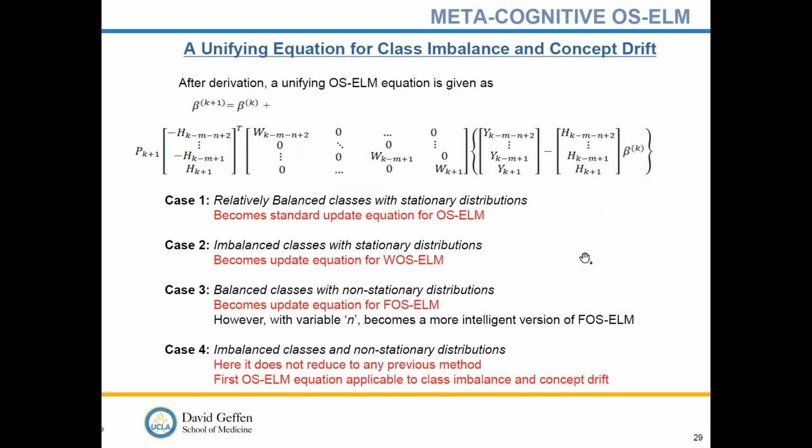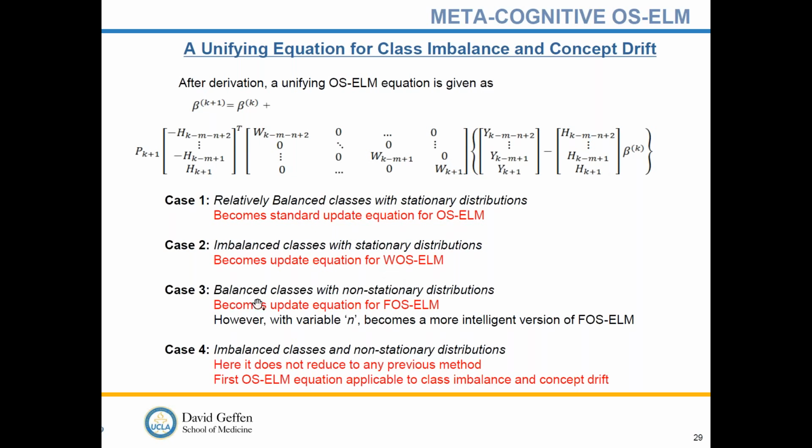We also came up with a unifying equation that works under different conditions, and it reduces to certain application-specific methods under certain conditions. For example, if your data stream is balanced and stationary, this equation reduces to OS-CLM. Similarly, if your data stream is imbalanced but has a stationary distribution, it reduces to our previously proposed WS-CLM method.